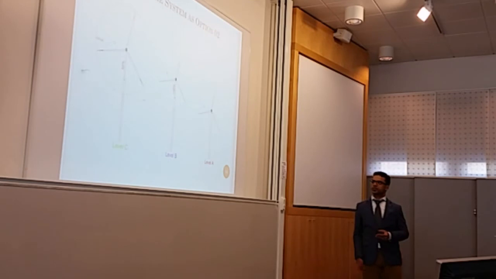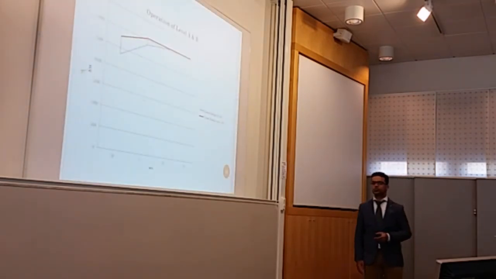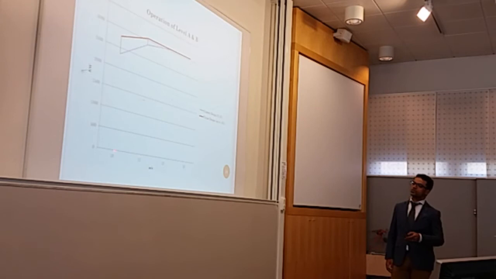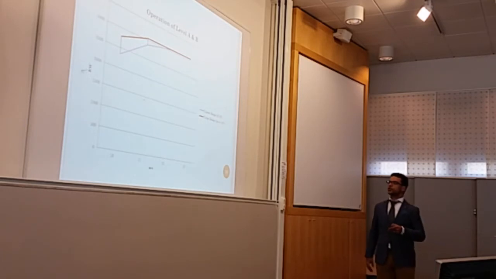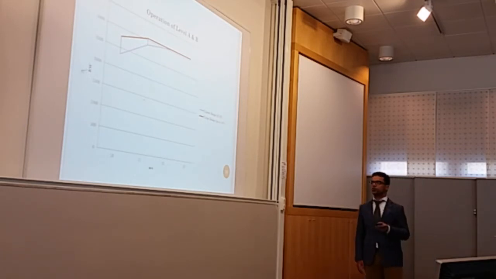So both will be working. How will it work? How do we convert that to numbers? Here is the operation of B, from when the wind is above 10 meters per second until it reaches the optimal level. So this is B, and it is typical for option 1 and option 2.